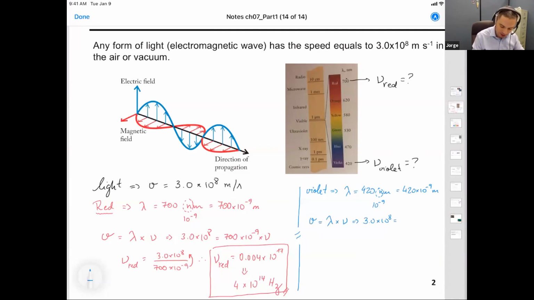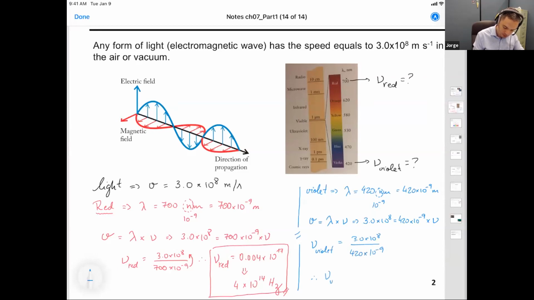Wavelength of the violet light is 420 times 10 to the minus 9 times the frequency. We are going to get here the frequency for the violet is going to be 3 times 10 to the 8th divided by 420 times 10 to the minus 9.